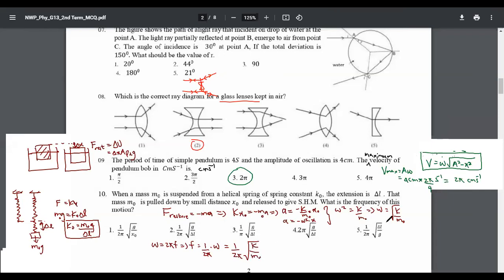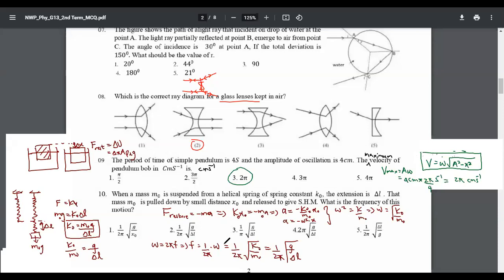But unfortunately, k naught over m naught is not there in the answer. For that only, we will need this equation. So you can say k naught over m naught is equal to g over delta L. That will be 1 over 2 pi square root of, instead of k naught over m naught, you put g over delta L.